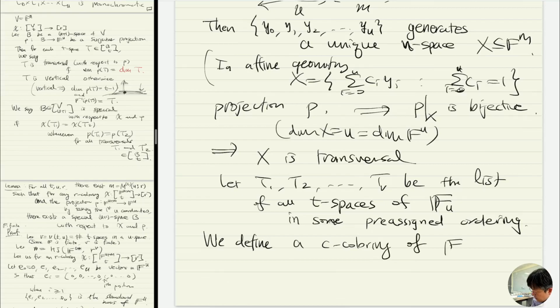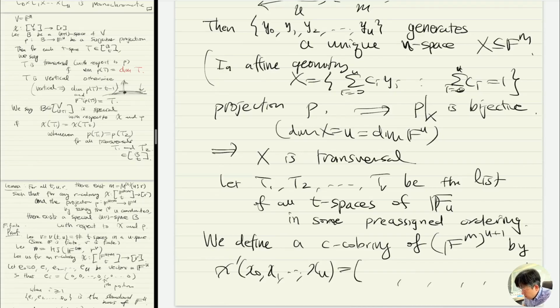chi prime of F^M to U plus 1 by chi prime of X0, X1, up to XU, as the tuple of the colors.